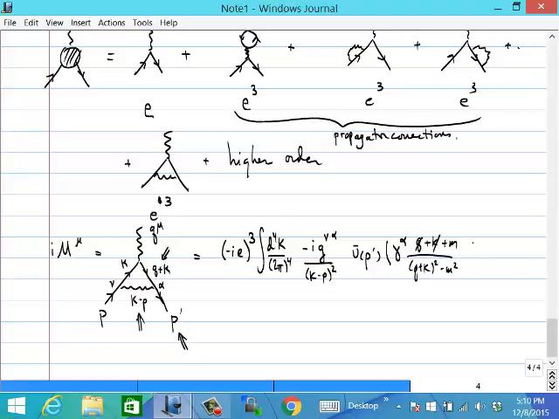You have a gamma mu from this interaction vertex here. Sorry, and there was a factor of i here from the propagator. You have another factor of i, k slash plus m over k squared minus m squared. And then finally from this interaction vertex here a gamma nu, and all of that multiplies the polarization u of p. Sorry, I couldn't quite fit it in there, so there's a u of p there.